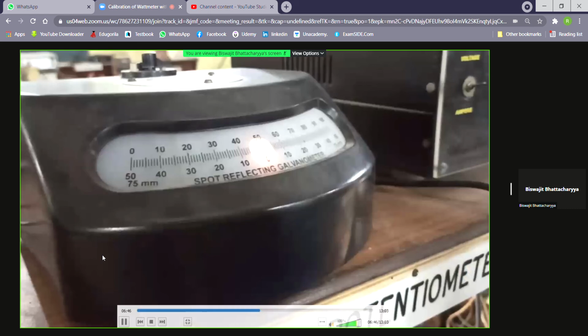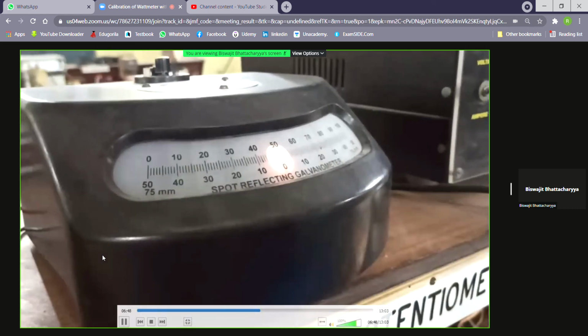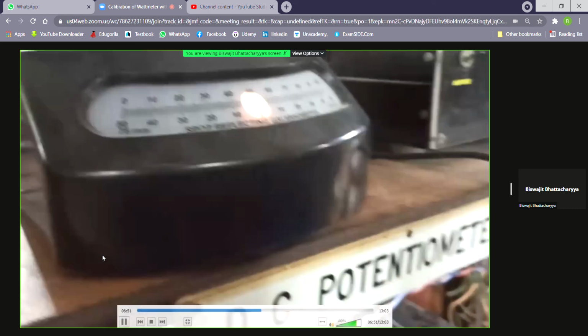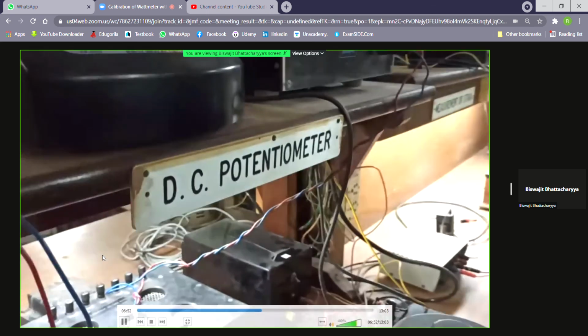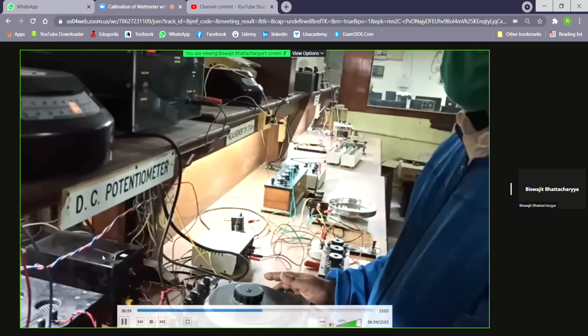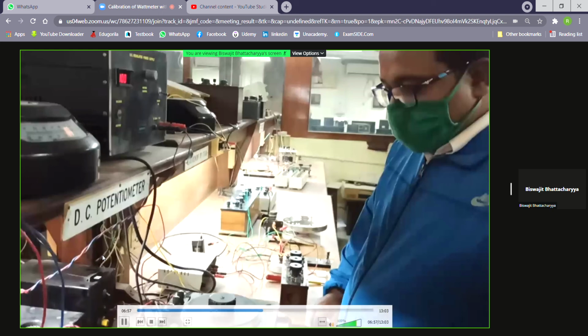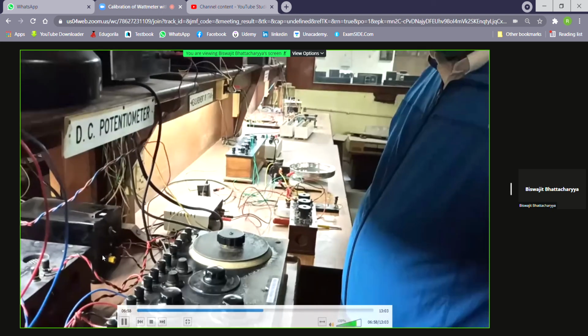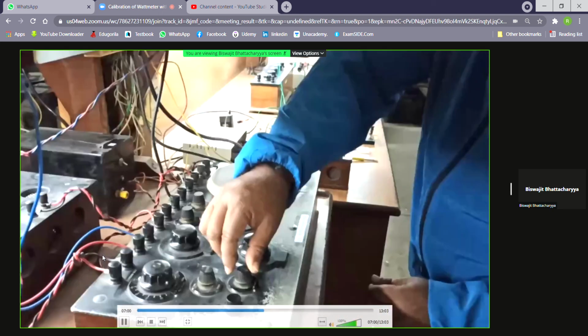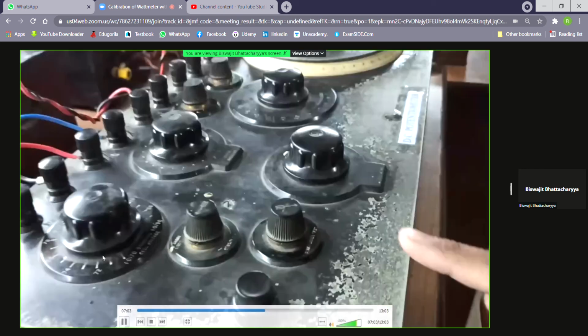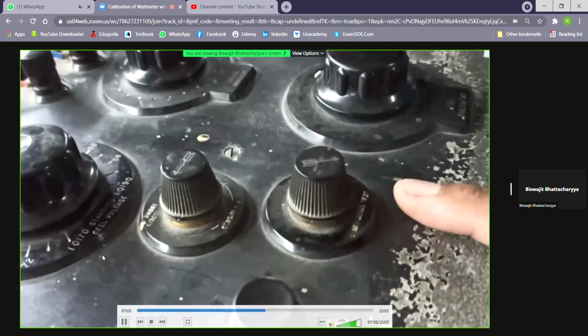As you can see, there is no deflection in the galvanometer. So we can say the DC potentiometer is now standardized, and we can start the test. So we are switching this pointer to the test mode.